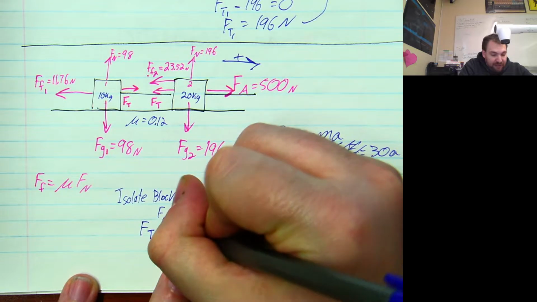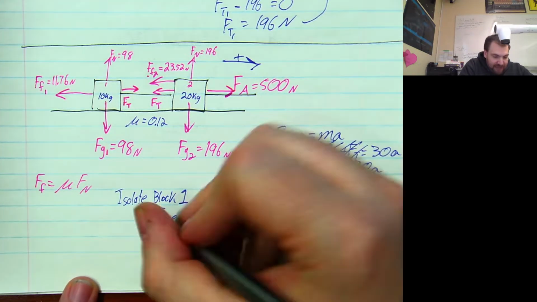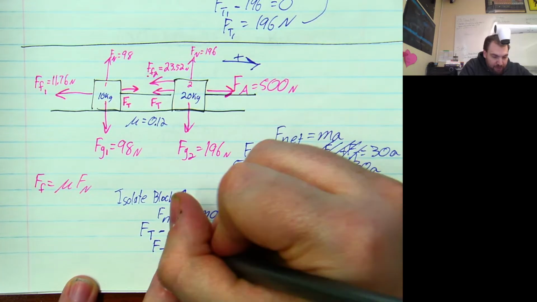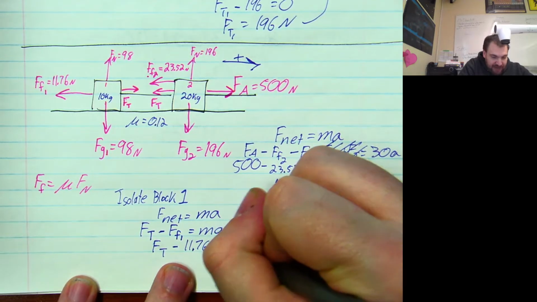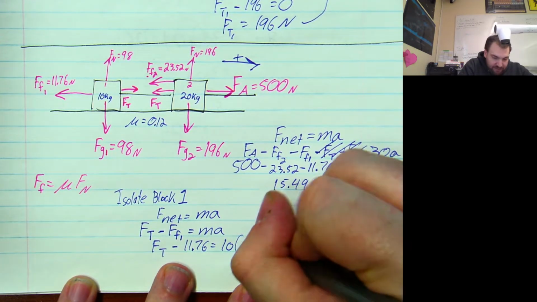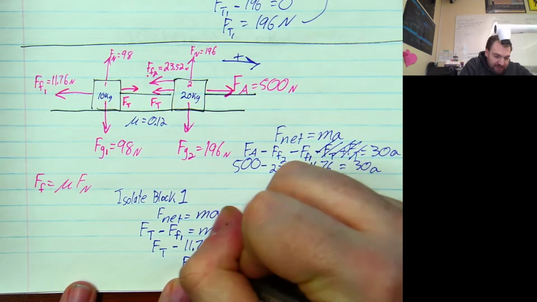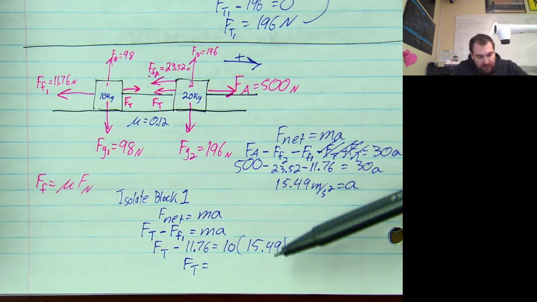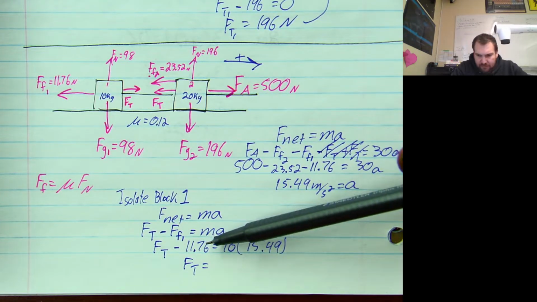And we're going to subtract that force of friction equals ma. So then FT, the tension that we're looking for in that rope, minus 11.76 is going to equal 10 times 15.49. So then my tension is going to equal 154.9 plus 11.76. $167, give or take.